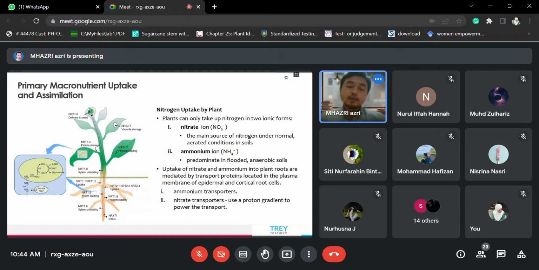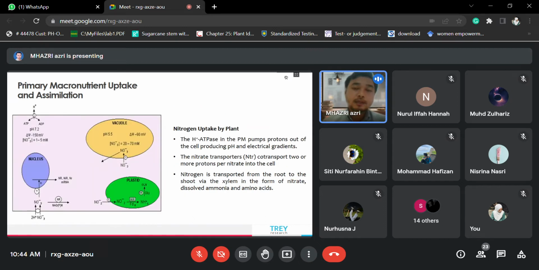So the ammonium transporter will exist in higher amount compared to nitrate transporter. Ammonium transporter requires ATP, whereas nitrate transporter uses proton gradients for nitrate transportation.